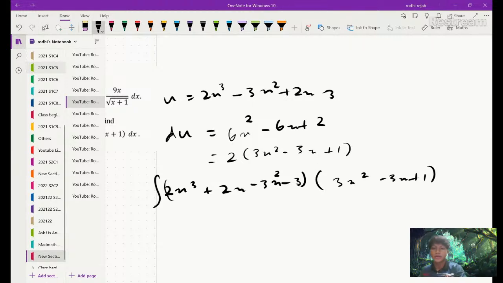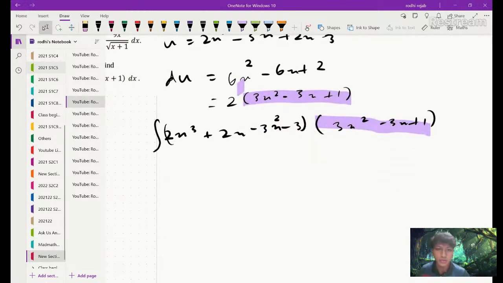So if you see, this one is equal to this, so we have to just substitute the du and u in the equation.